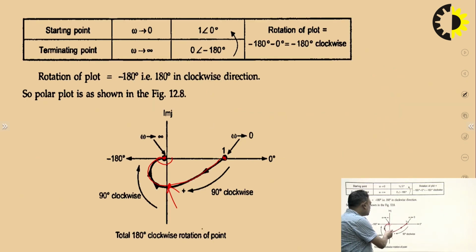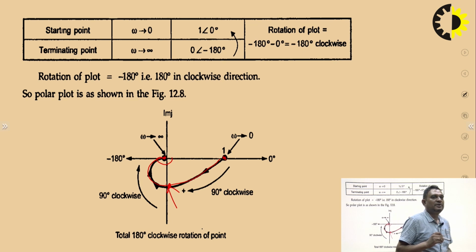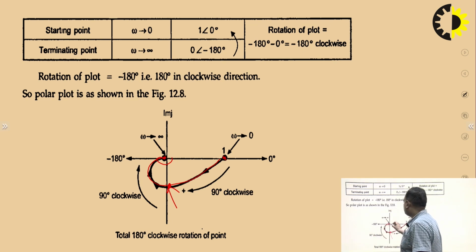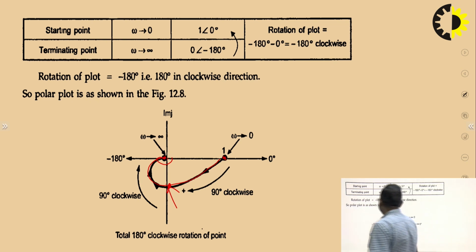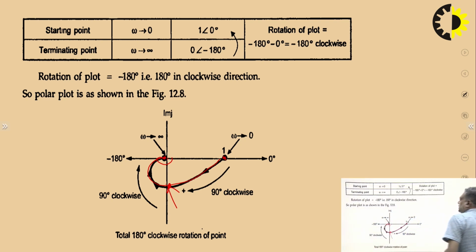Because this point is located on the imaginary axis, you put the real part equal to 0, and by putting the real part equal to 0, you get the frequency. If you put that frequency value in the imaginary part, you get this distance. So you can easily find this distance if it is given in the question, or you want to calculate it for any other purpose. Okay. And this was the simple polar plot.